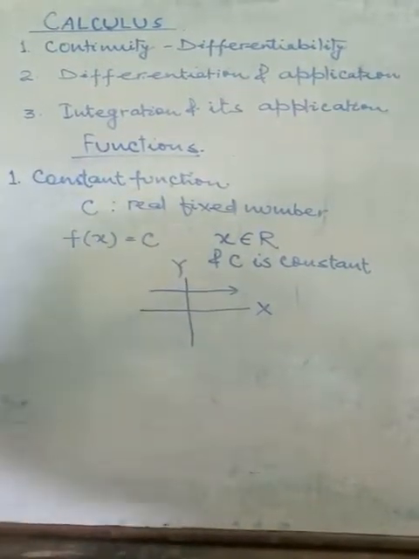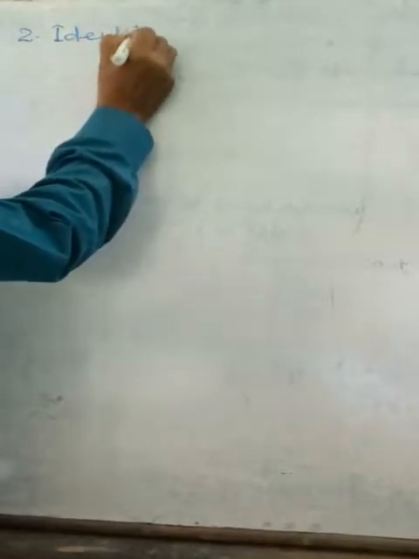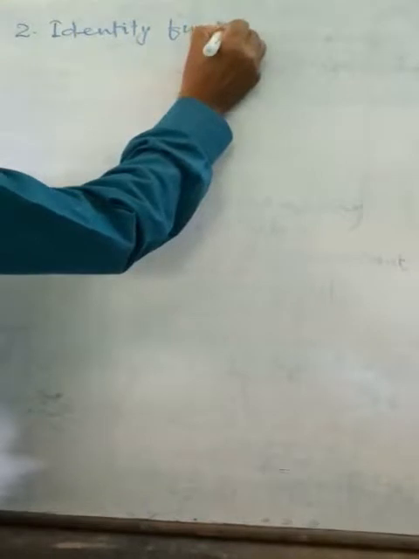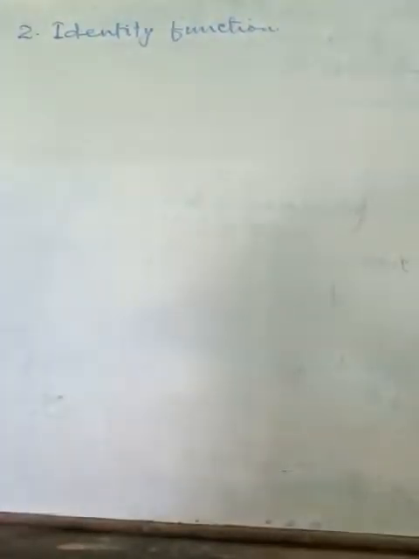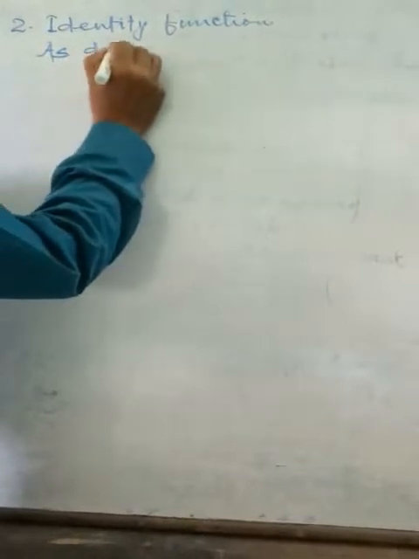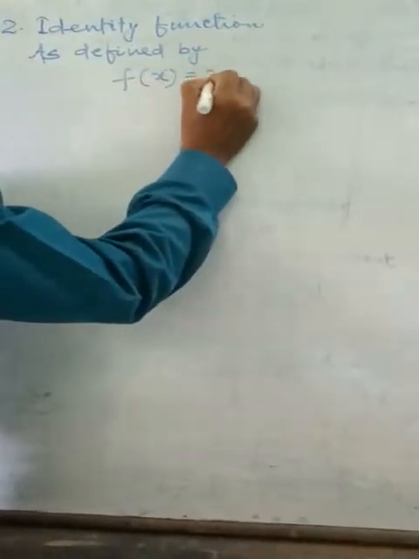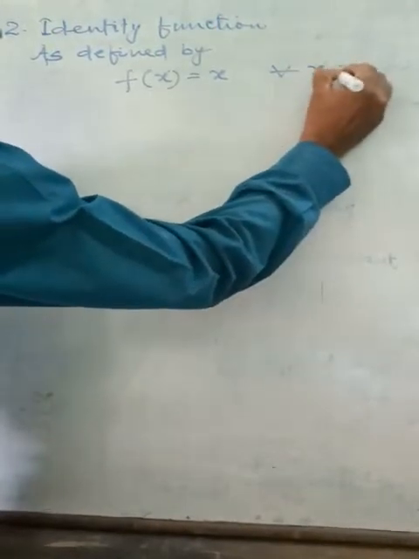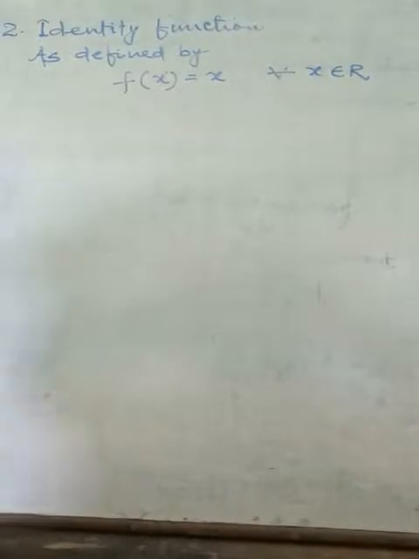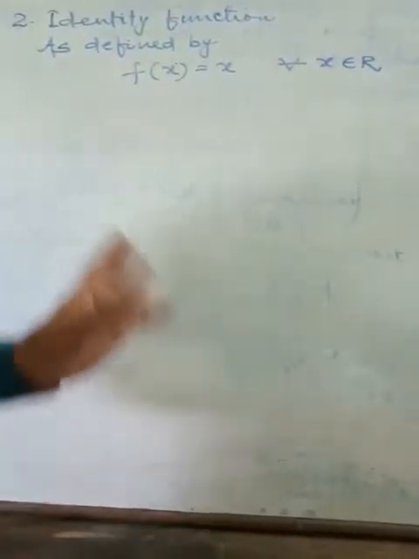Next come to identity function. A function f(x) as defined by f(x) is equal to x for all x belongs to R. A function f(x) as defined by f(x) is equal to x is called identity function.